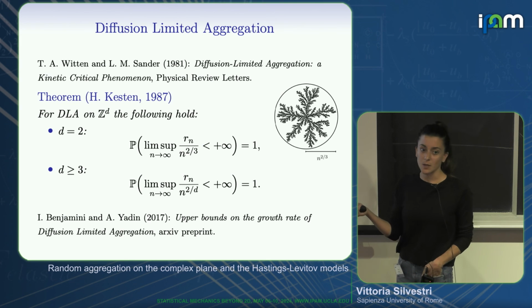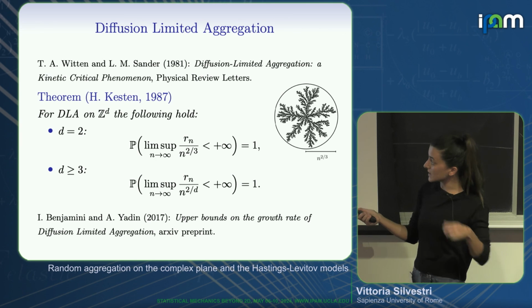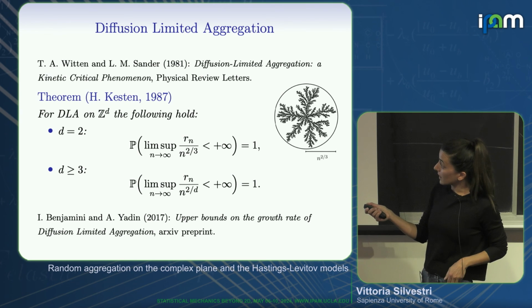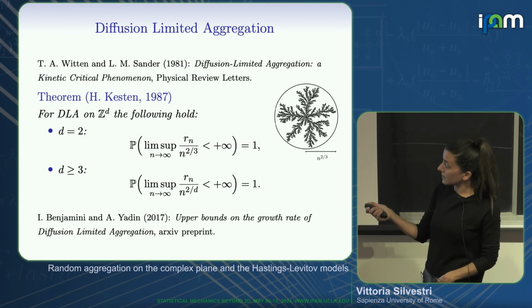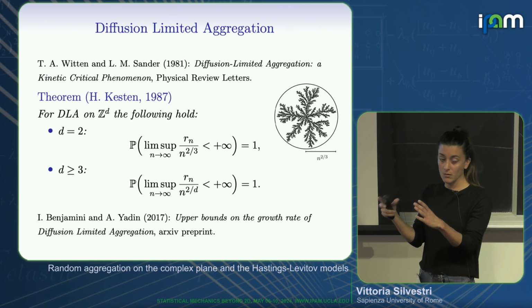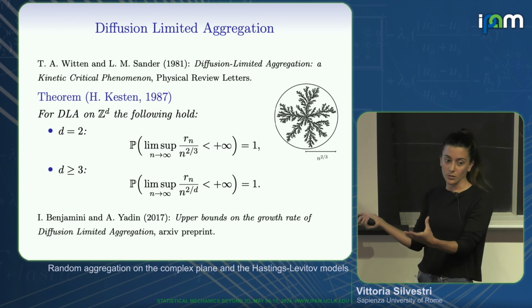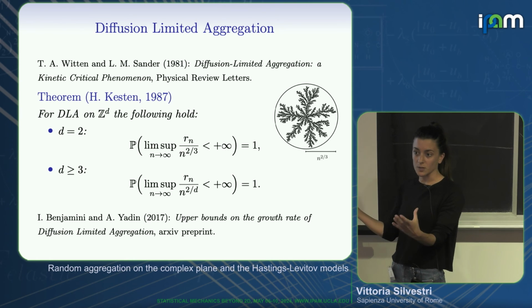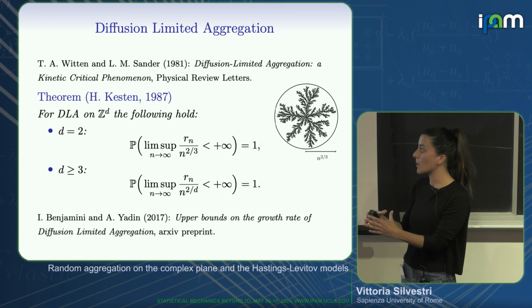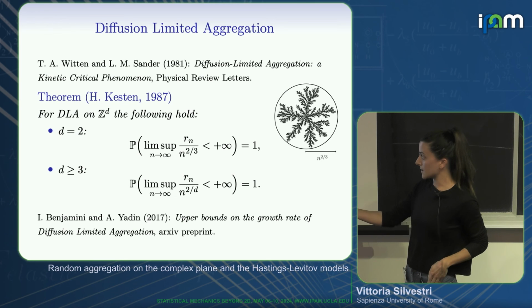DLA in dimension 1 is trivial, but if you are in dimension larger than or equal to 2, then what Kesten shows is that if R_n denotes the radius of the smallest ball centered at 0 that contains your aggregate after n particle arrivals, it doesn't grow faster than n to the 2/3. So it's an upper bound for the speed of growth. There's no lower bound better than the trivial one available. And he has a similar estimate in higher dimension.